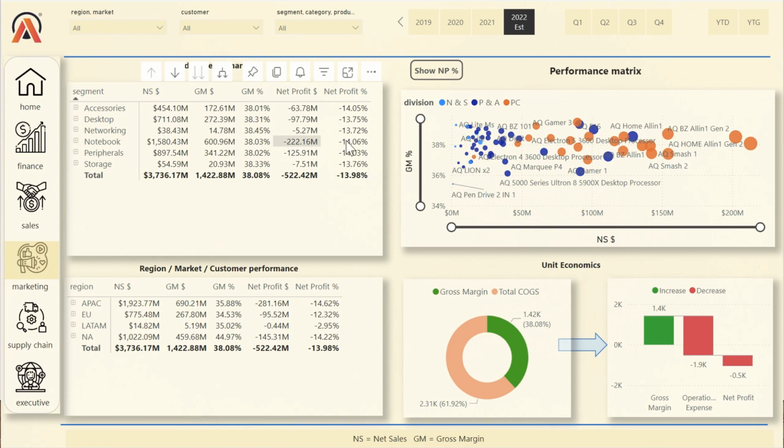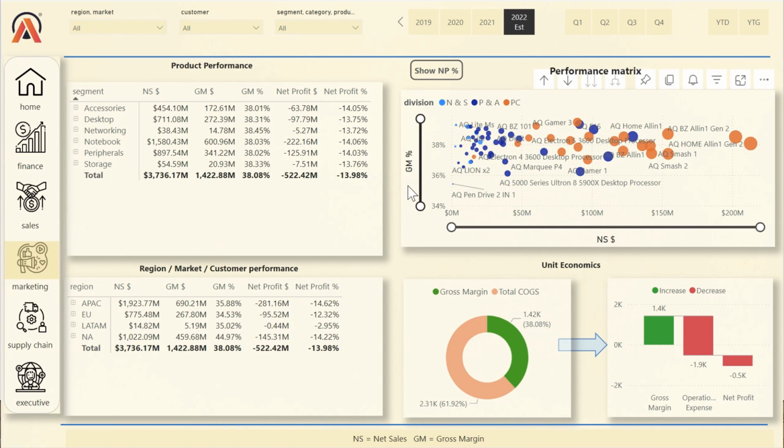And let's jump to another visual. It is the same as the scatter plot that we have in the sales view. The only difference here is instead of customer, we are more focused on product and the division of the product. Based on the stakeholders, based on the Atliq company's demand, we have included one more visualization where, instead of GM percentage on the y-axis, they want to see the net profit percentage.